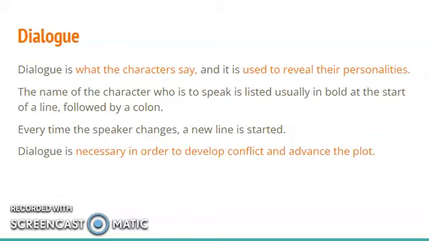The name of the character who's speaking is listed, usually in bold, at the start of a line, followed by a colon. Each time the speaker changes, a new line starts, and dialogue is necessary in order to develop the conflict and advance the plot. So all the action takes place through conversations between the different actors.